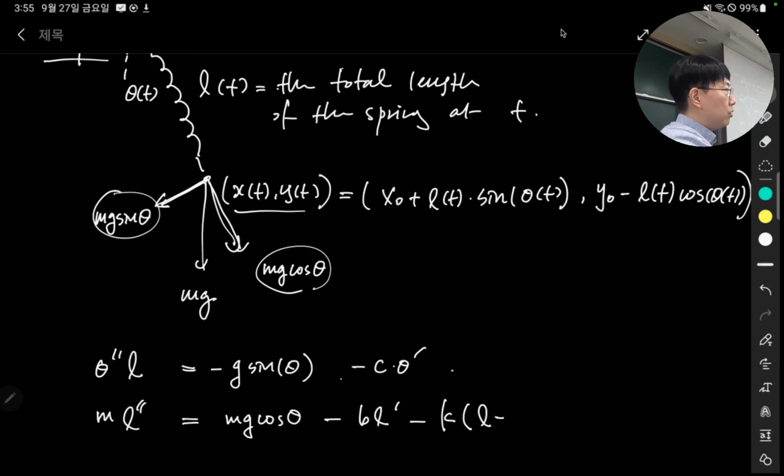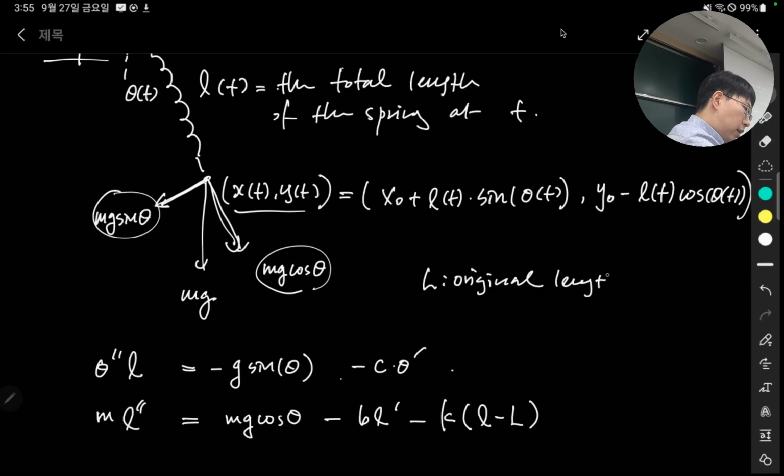I need to measure how much it's dilated or compressed from its original length, right? So let's take the original length as l. So l is the original length of the spring. Okay, that makes sense? All right.